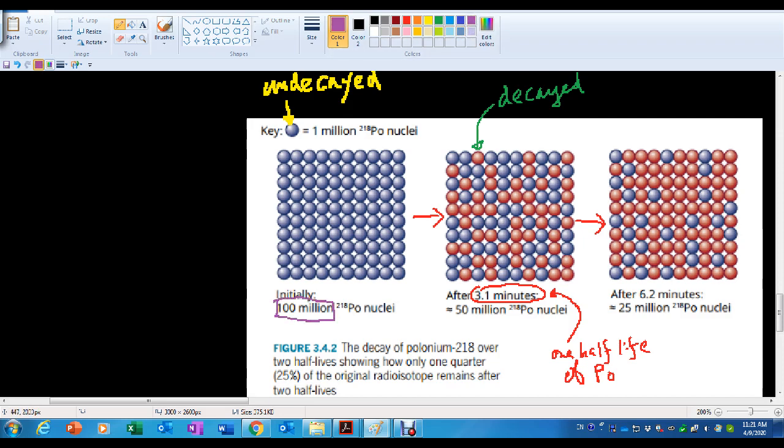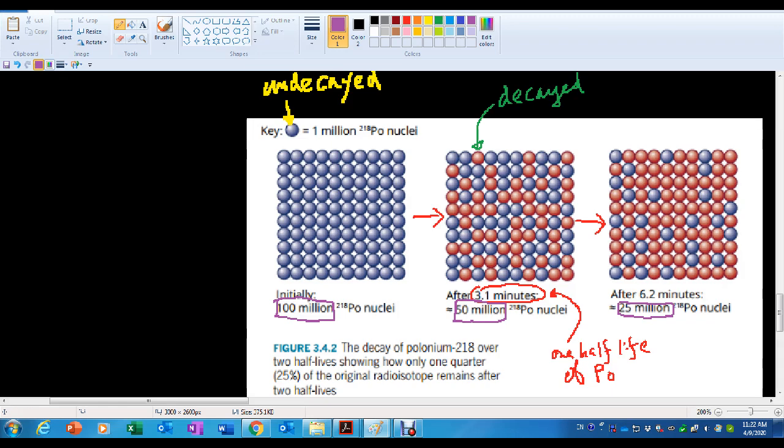After one half-life, it becomes 0.5 million of the blue nuclide, that means undecayed nuclide. And after another half-life, it becomes 0.25 million. That means another 50% decay. So the number of blue nuclides becomes less and less, and after each half-life, you lose half of the remaining. That would be the idea of half-life.